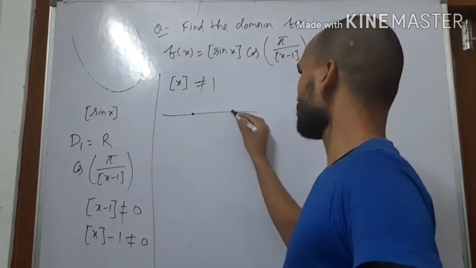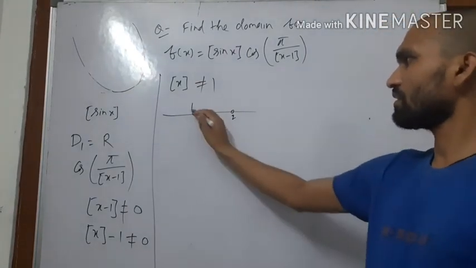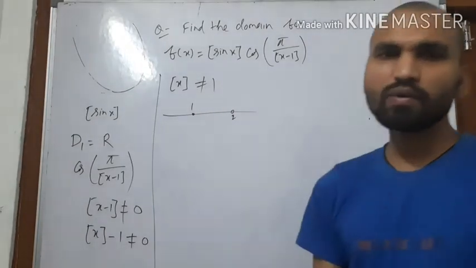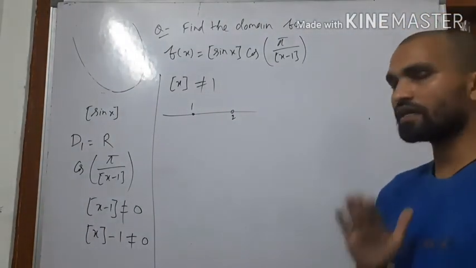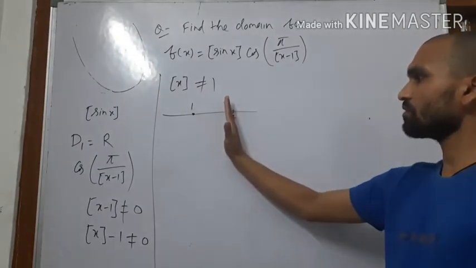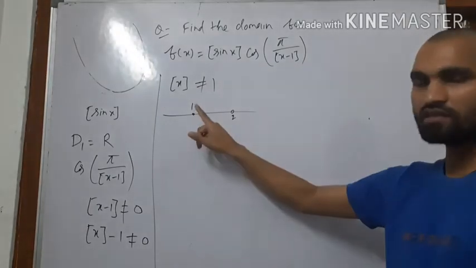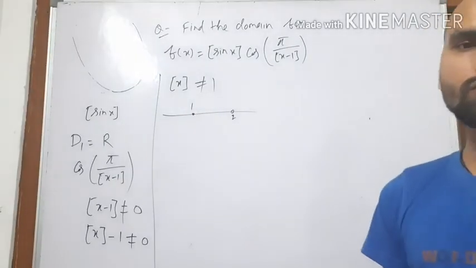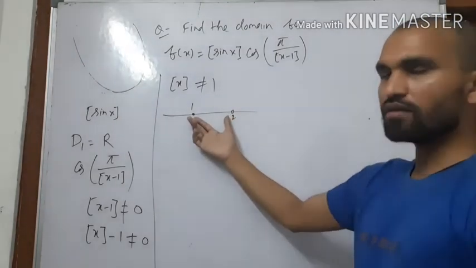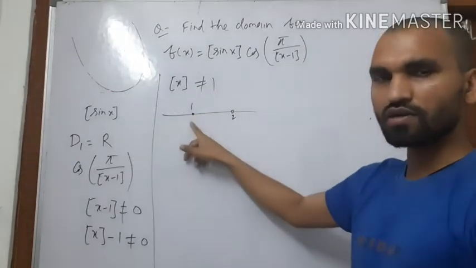So if here is 2, then starting from 1 and before 2, all values will give greatest integer 1. Any value equal to the left side integer value will be 1, and at 1 the greatest integer will also be 1. So any value in the interval will give greatest integer 1, and exactly at 1 also.